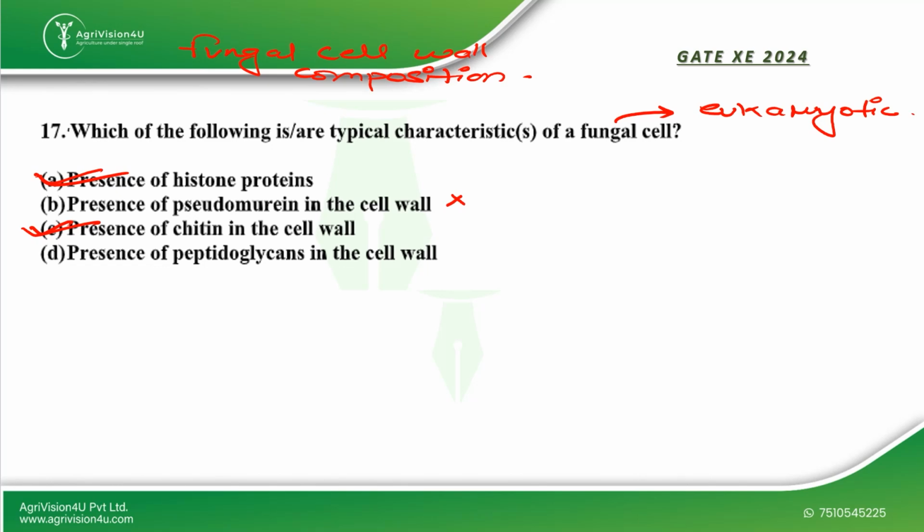This is incorrect because peptidoglycans are found in the cell walls of bacteria. So over here my correct options will be option A and option C.